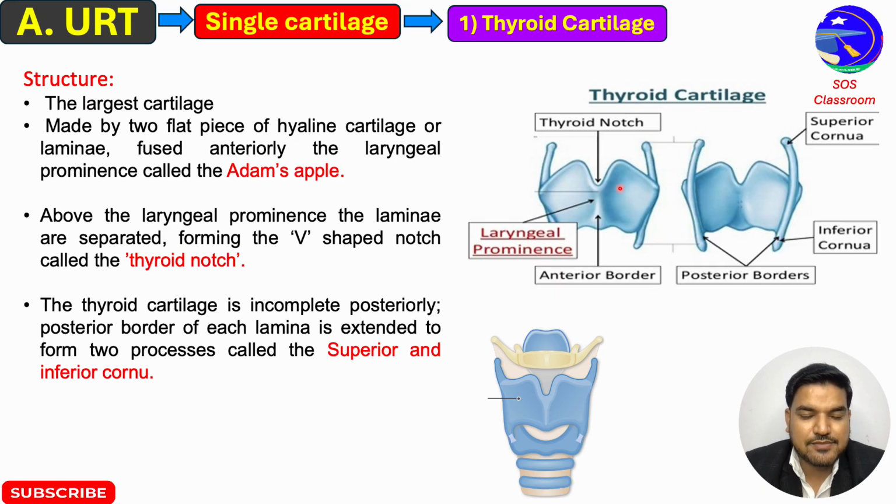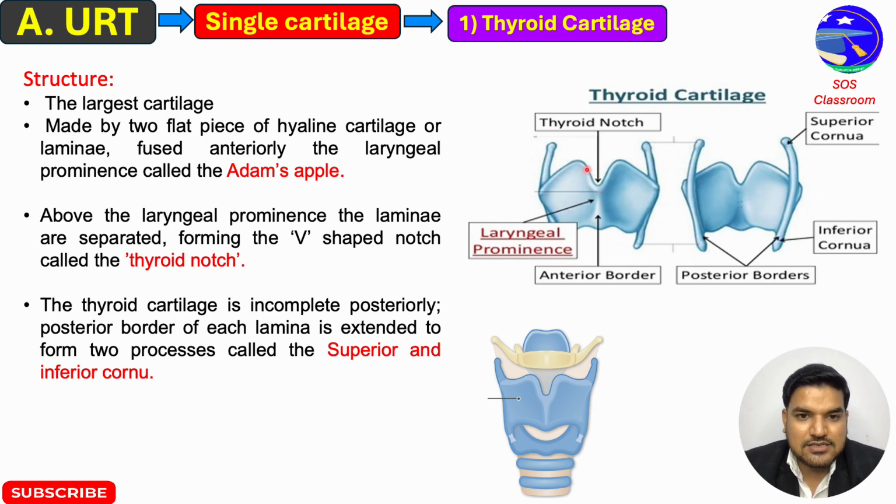There are 2 flat pieces of lamina, or hyaline cartilage, joined together to form the prominence. The prominent part is also called the laryngeal prominence or Adam's apple.